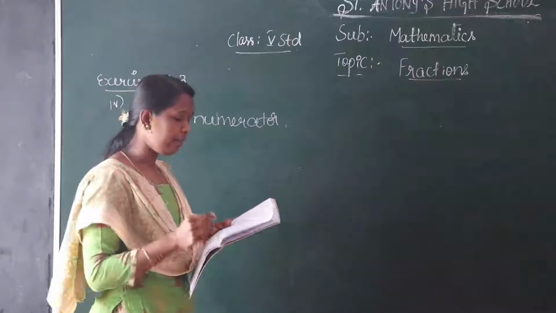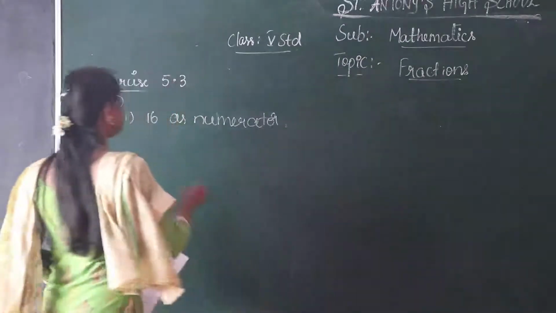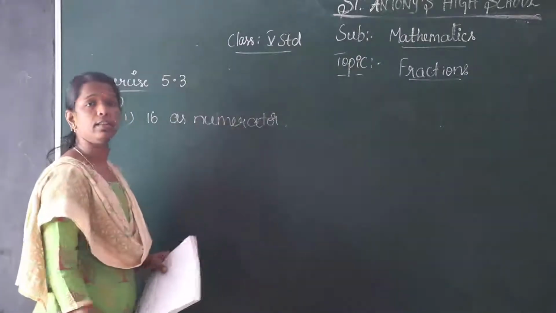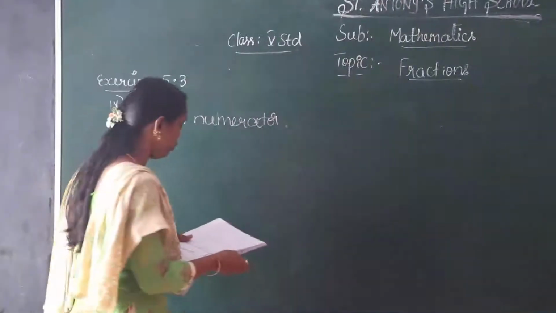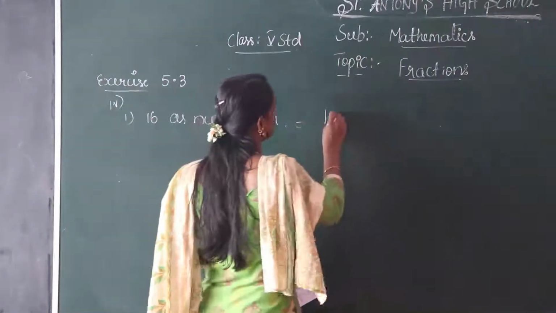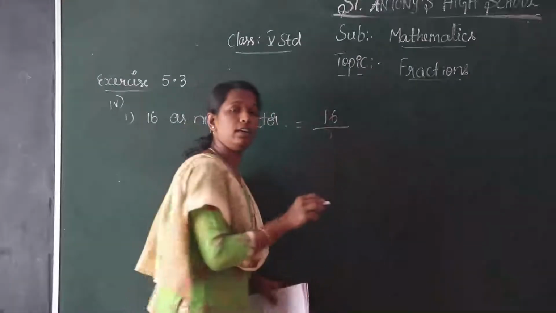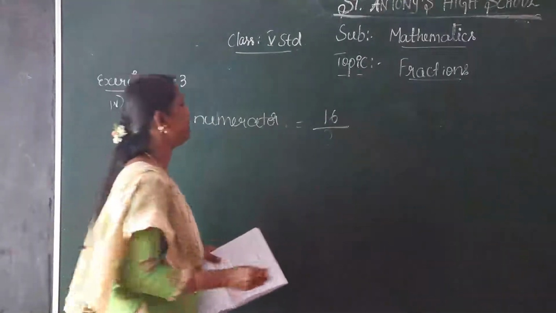Find an equivalent fraction of 4 by 7 having 16 as a numerator. So they have not given the denominator. Here 16 is a numerator. So we can write 16 as a numerator, but we don't know the denominator. But they are given it is equal to 4 by 7.